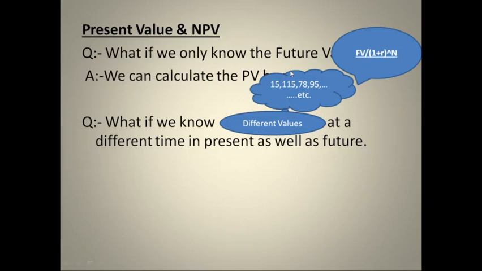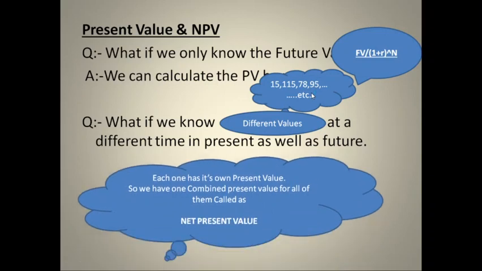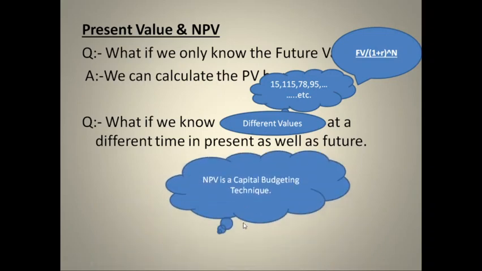Each and every number has its own present value. So if I ask you to find the combined present value for all of these numbers, you will need to know the formula of NPV, which is net present value. And just for your information, net present value is one of the capital budgeting techniques.